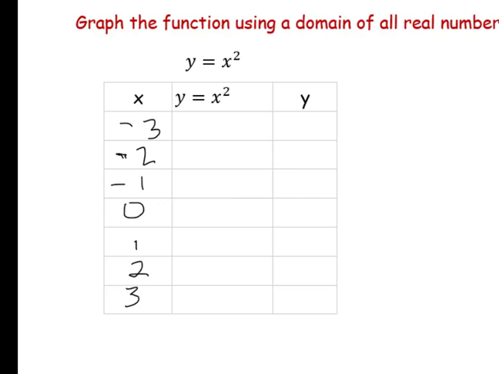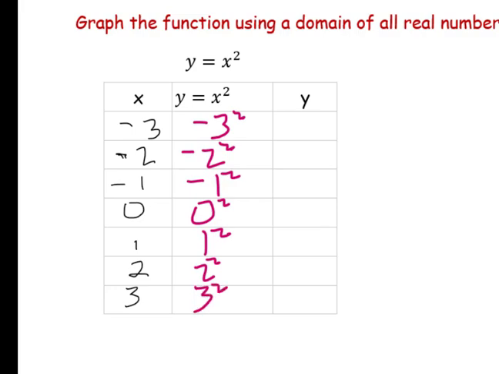So that would be negative 3 squared, negative 2 squared, negative 1 squared, 0 squared, 1 squared, 2 squared, and 3 squared.